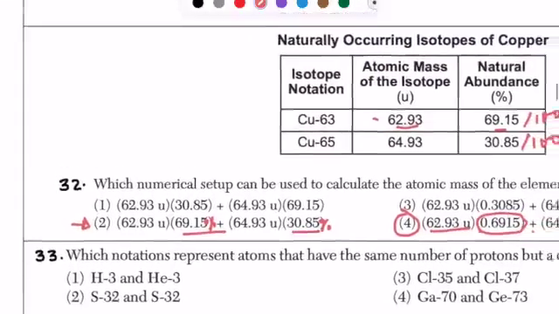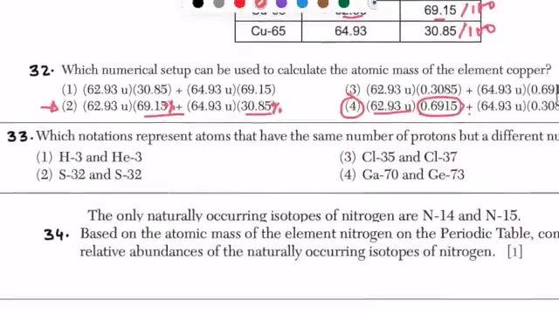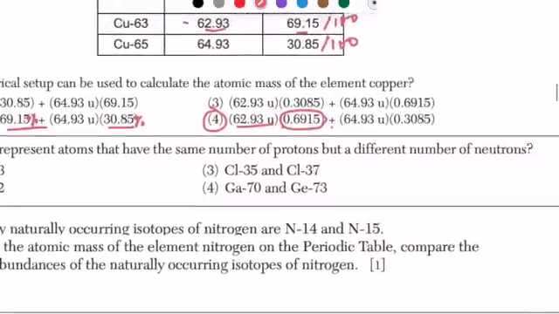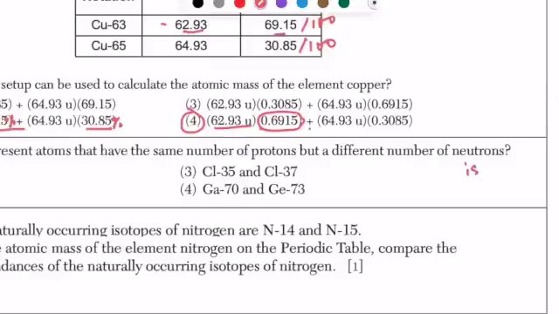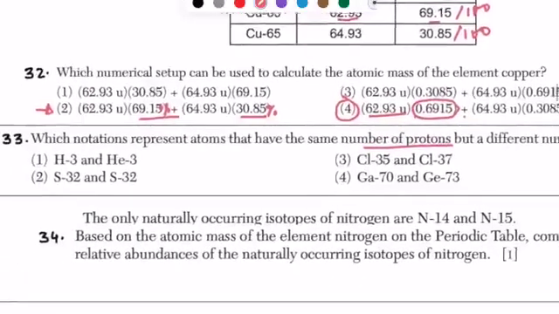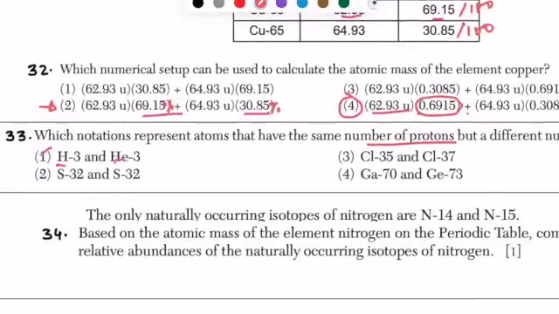And then for number 33, which notations represent atoms that have the same number of protons but a different number of neutrons? So we are looking at some isotopes. Remember, isotopes represent atoms of the same element, because they have the same number of protons. If you see different elements like hydrogen and helium, those are not isotopes.